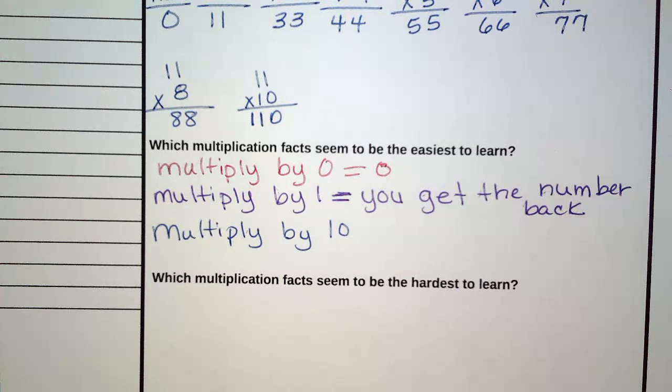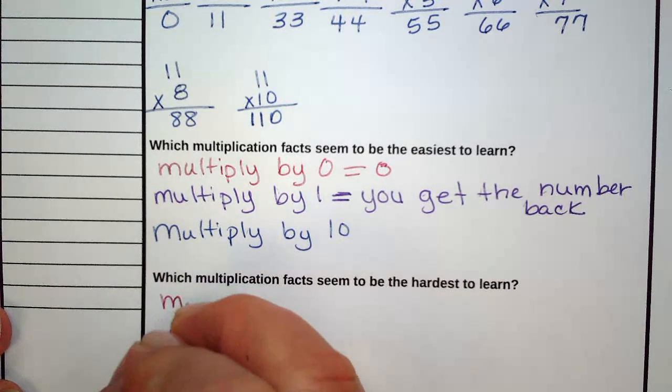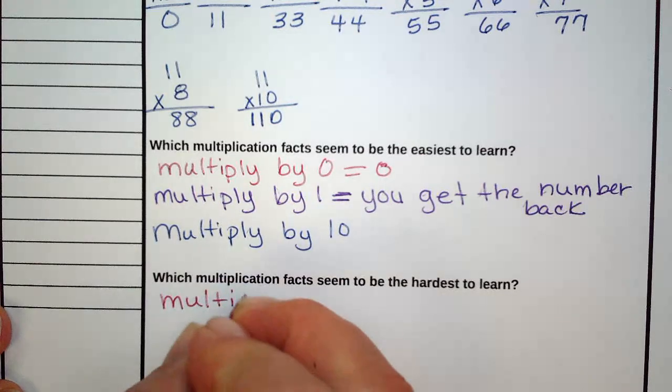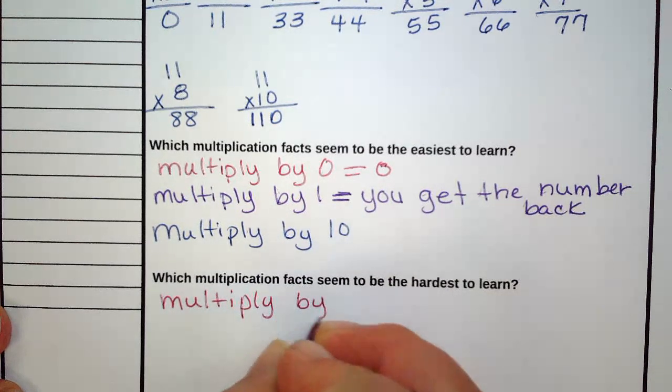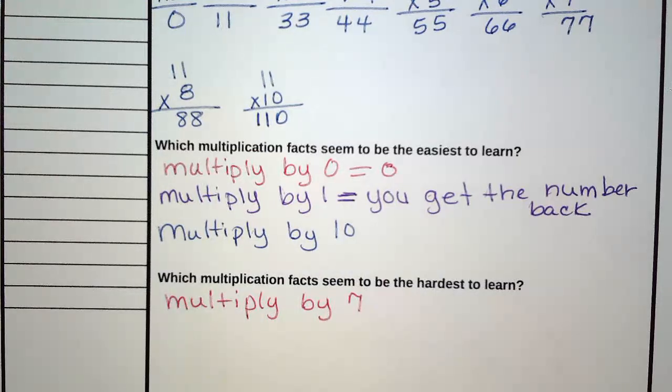Okay, if there's any others, make sure you add them to our list. Which multiplication tables seem to be the hardest to learn? If you said 5, I'd argue with you because it will end either in 5 or in 0, so that makes it pretty easy. What about multiplying by 7? What about 8? 6s maybe.